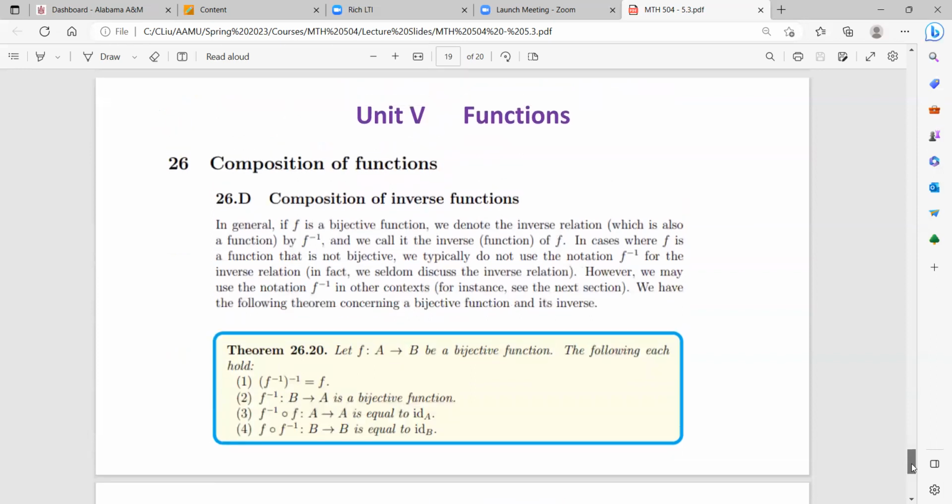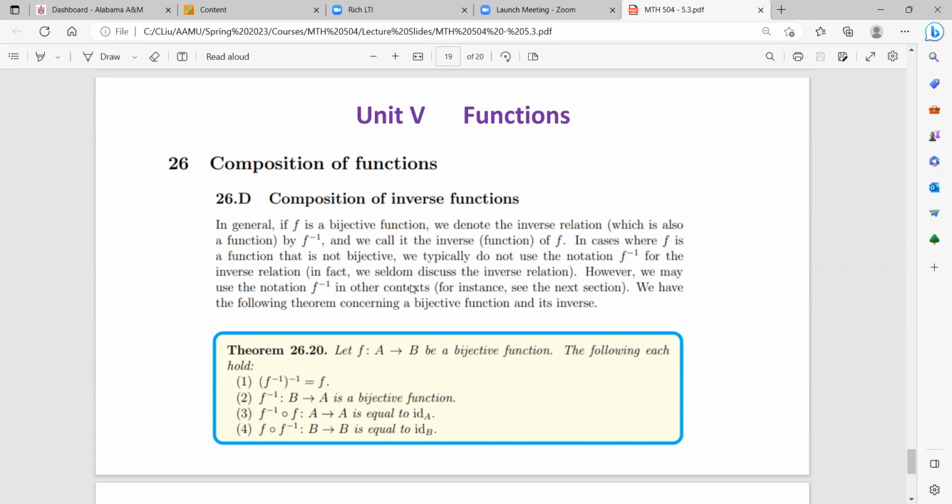Okay, so the last thing about this section is composition of inverse functions. We talked about composition of functions and we talked about inverse functions, so now we can combine them and see what properties they keep if you have inverse functions and composition of functions.